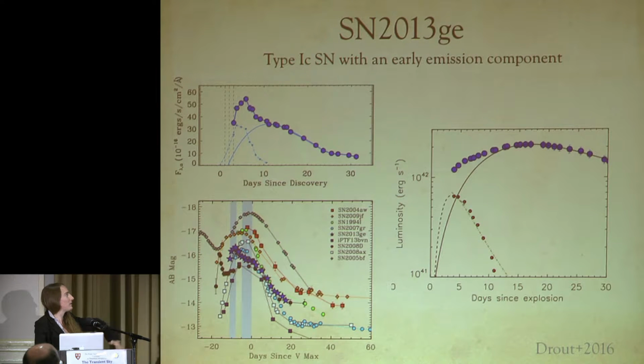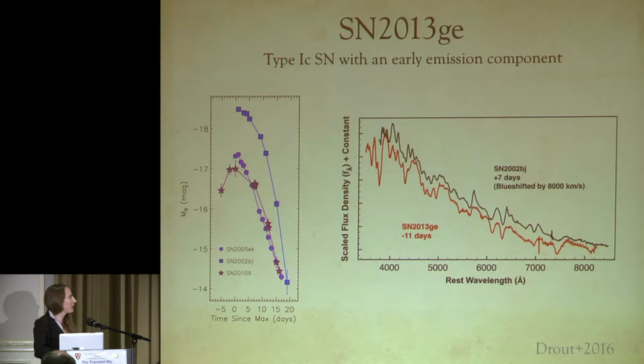So it's possible that we're starting to see related events, just sometimes the exact situation you observe is only the rapidly evolving event beforehand. In particular, for this object, we got three very early spectra, and those early spectra very closely resembled 2002bj, which was a rapidly evolving transient that Ken mentioned before.